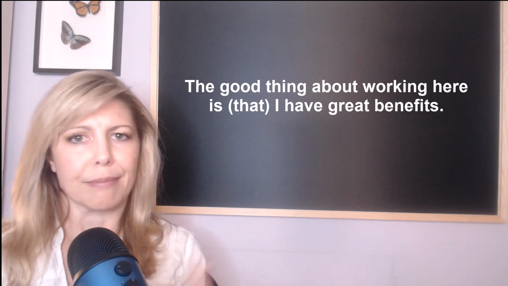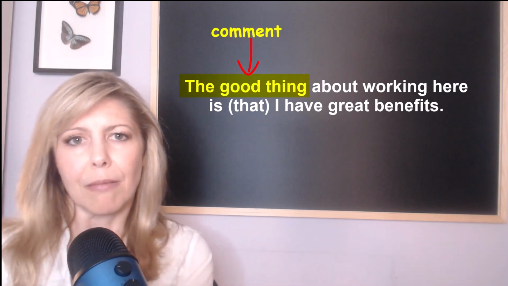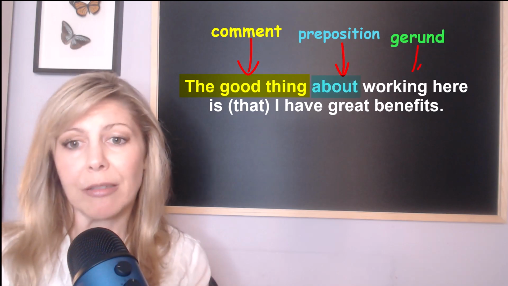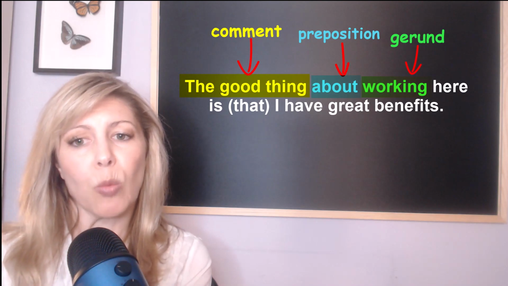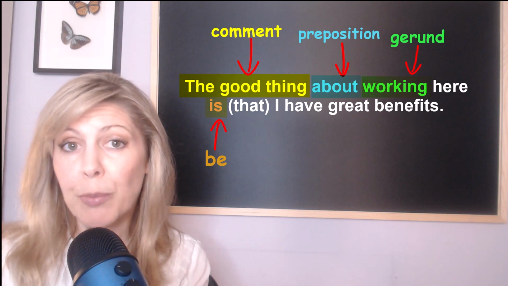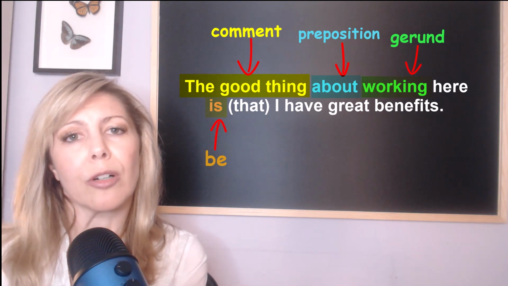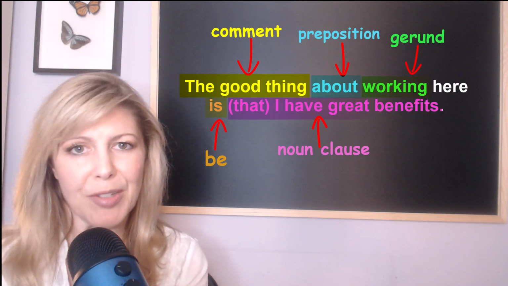So our comment, the good thing, our preposition, about, our gerund, working. So the good thing about working here is, there's our verb of be, is, and then we have our noun clause, that I have great benefits.